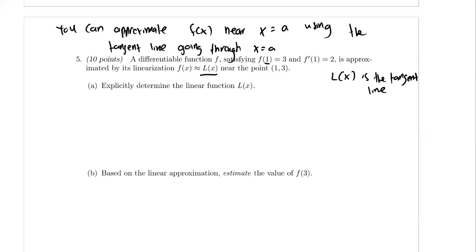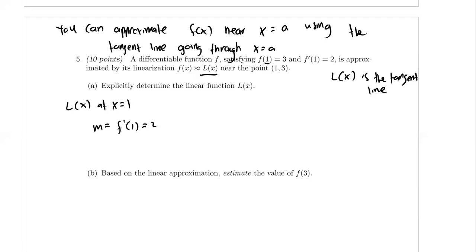Right? So L of x at x equals 1, the tangent line at x equals 1. Well, we know its slope. That's the derivative at x equals 1, which we're given. And we know a point going through it. Remember, to find the equation of the tangent line, all you need is a slope and a point. The point is on the function.